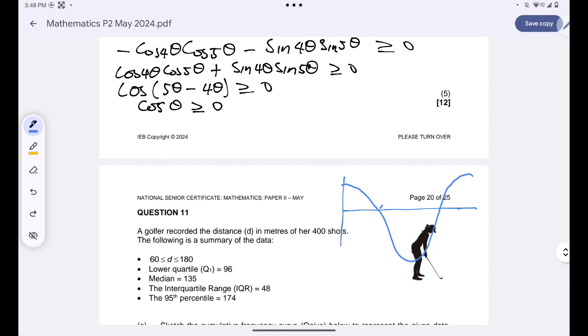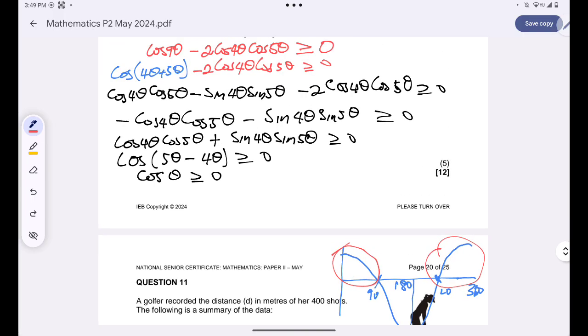I have 0, I have 90 there, I have 270, I have 180, and then 360. So where cos theta is greater than 0, that's where the graph is above the x-axis, and the graph is only above the x-axis in this part and that one, no?